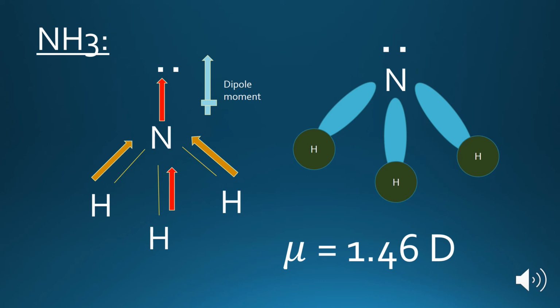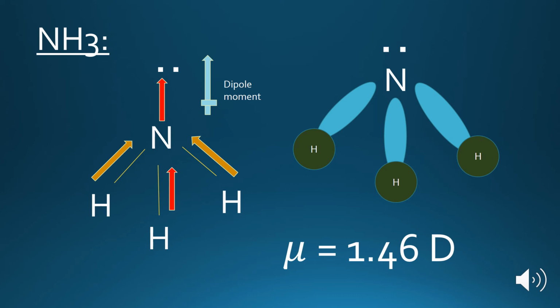Let's take an example of ammonia. Look here, in the case of ammonia, we have three bond pairs and one lone pair of electrons. Remember that when we have a lone pair of electrons in any molecule, this molecule must have some dipole moment value. So in the case of ammonia, nitrogen is more electronegative than hydrogen, as you can see the arrows are pointed towards the nitrogen.